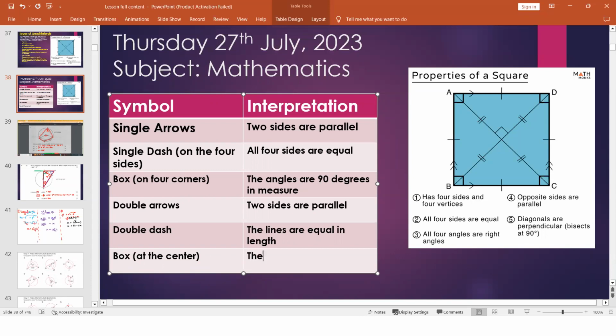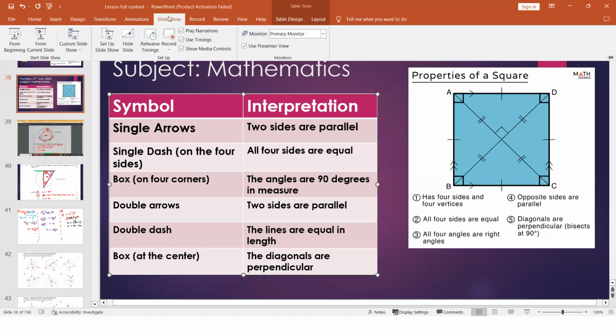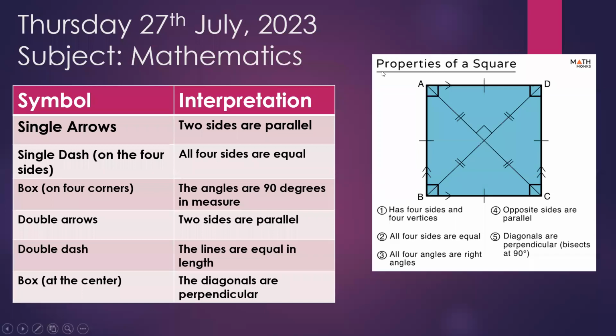The diagonals are what? Perpendicular, right? The diagonals are perpendicular. All right, so this is our square along with the symbols and interpretation of each.